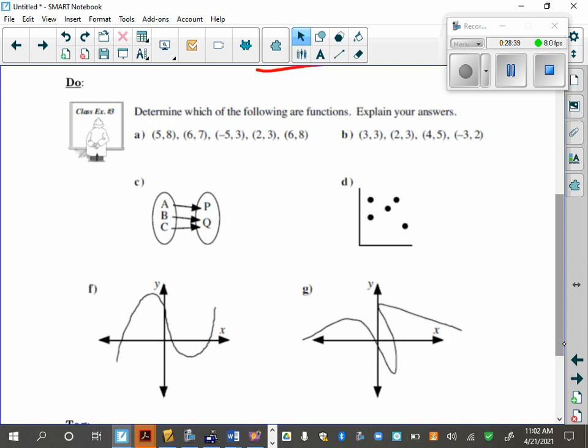If there's 2 that are the same, that's not a function because that x has more than 1 y. If any of them repeat, it's not a function.